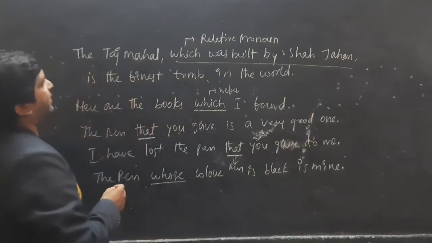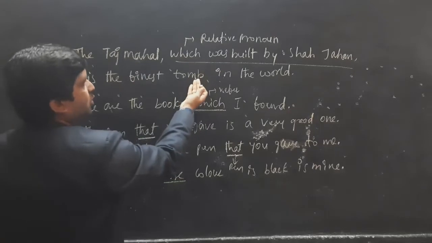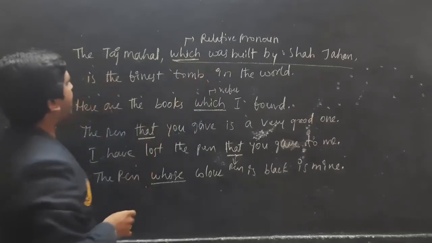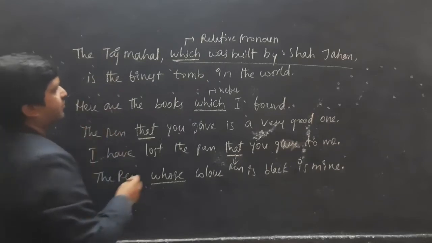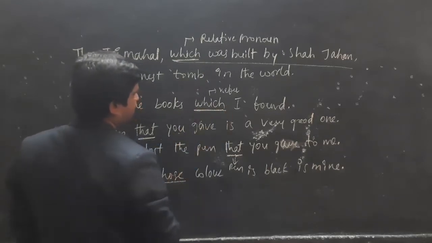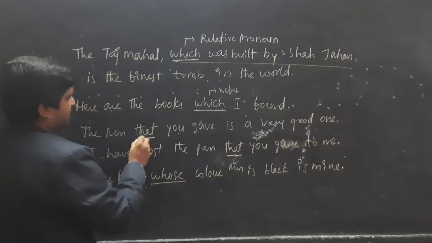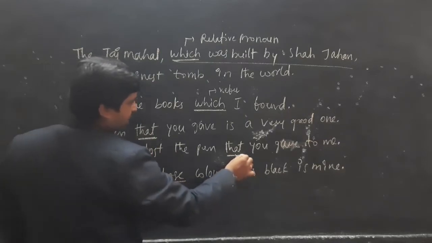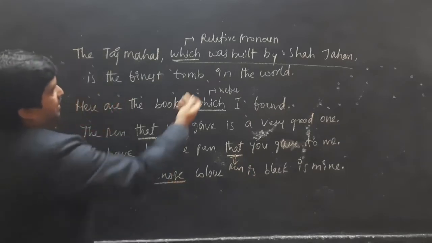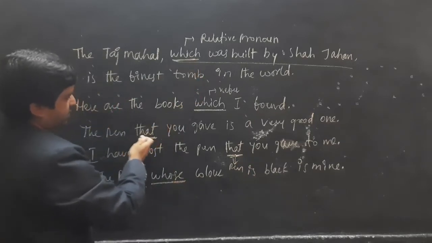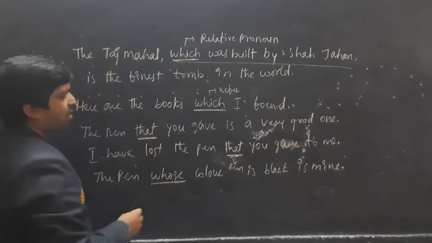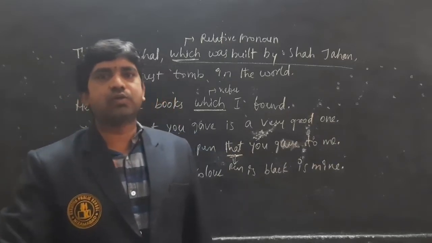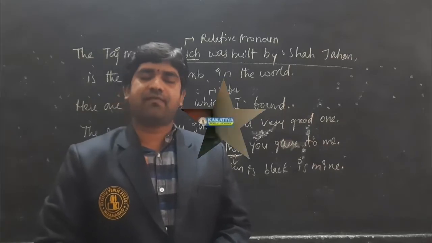In the first sentence, we are adding two sentences by using the relative pronoun which, and we are referring to the thing by using which. And here we are speaking about the thing, that is the pen, and we are using that. Here the words which, that, whose are called relative pronouns. Now we learn how to use them in sentences and what the rules are.